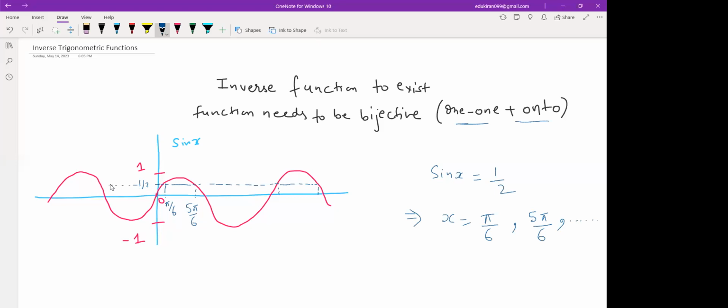On the left, you will again find minus pi by 6. So there are many values. So this is a many-one function.